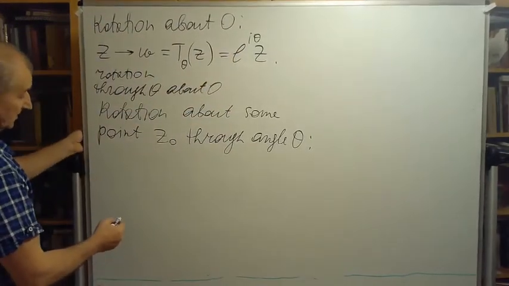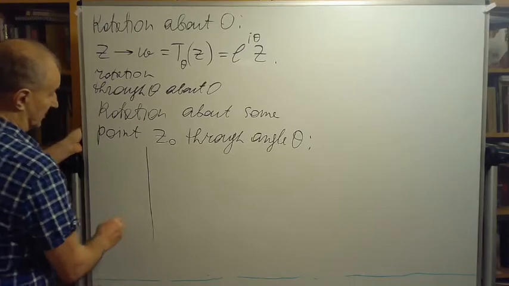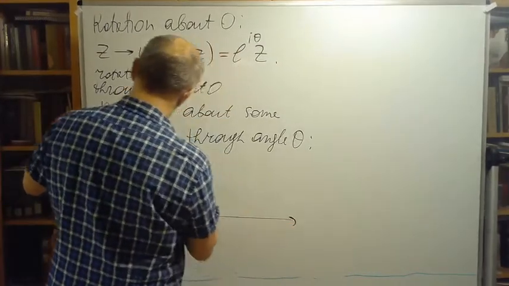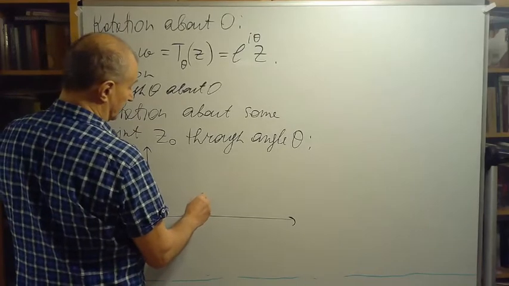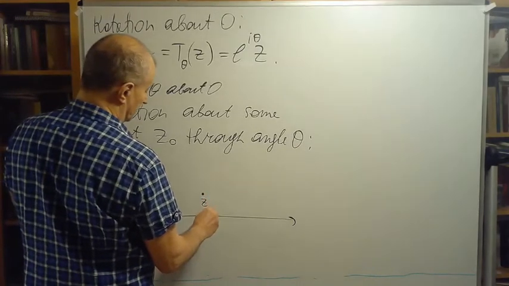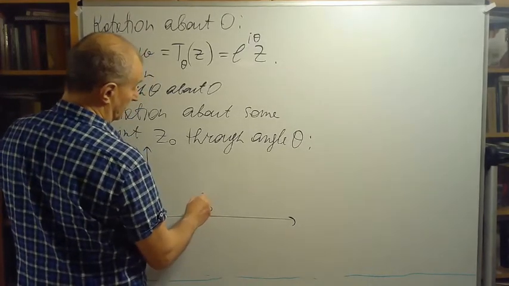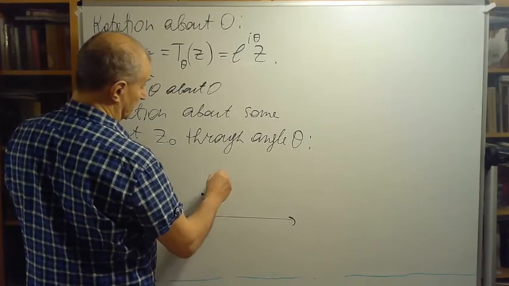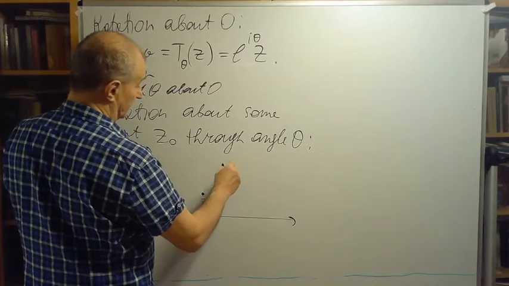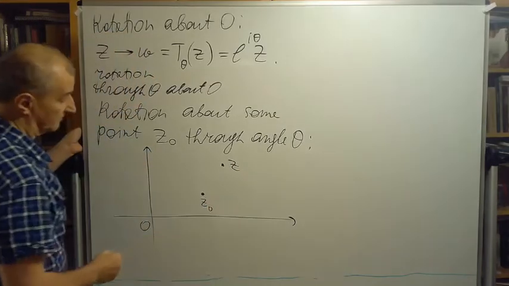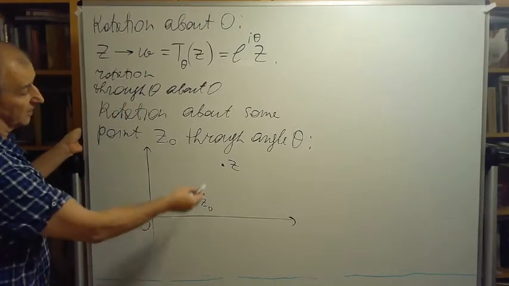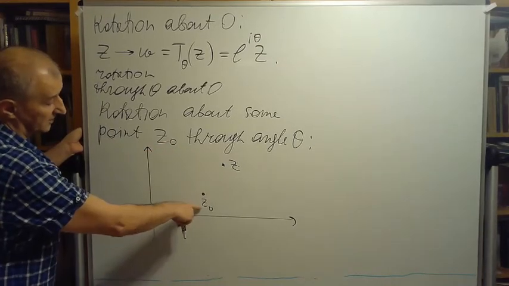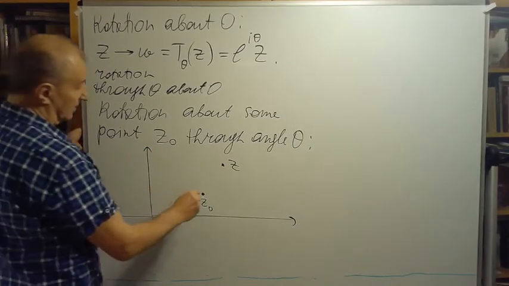We will just say the following. So suppose we have this complex plane, origin is somewhere here, and there is this point z0, and we want certain point z to be obtained as a result of rotation of the whole plane around z0, not the origin anymore, right?